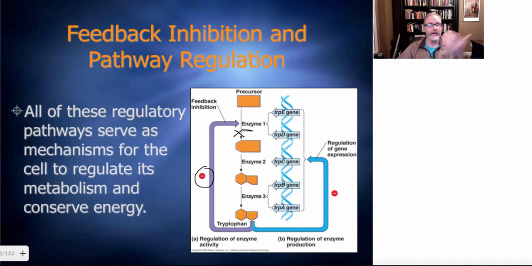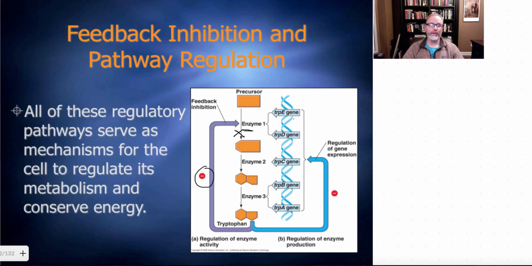But when the tryptophan concentration goes down, then now we're going to be able to drop off that tryptophan, and the enzyme takes on its native conformation. It allows us to synthesize more tryptophan. Again, that was the example of the negative feedback that we talked about.